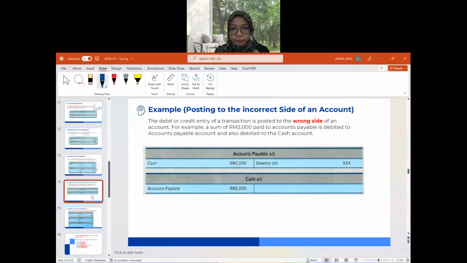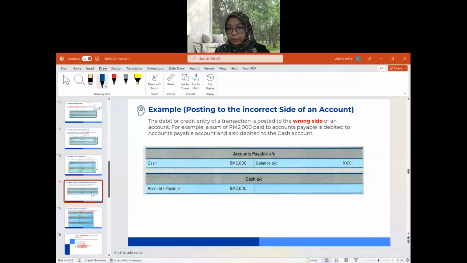Then we have error in posting to the incorrect side of an account. For example, a sum of 2,000 paid to account payable was debited to account payable and also debited to the cash account.